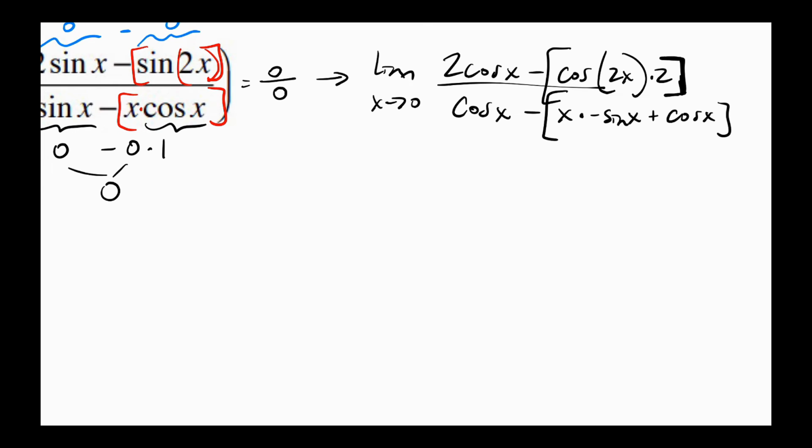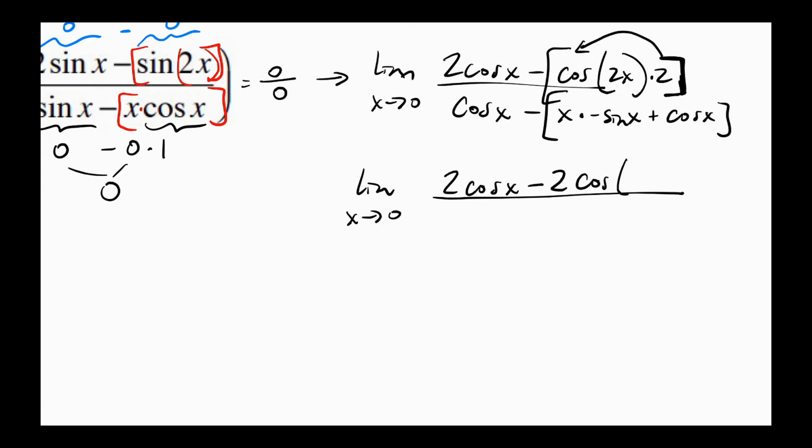Okay. I'm going to clean it up a little bit just to make it easier. So when I plug in 0, the top is going to be 2 cosine of x minus, I'm going to move the 2 to the front here, 2 cosine of 2x. The bottom is cosine of x minus, and then I'm going to distribute the negative here and the negative there.